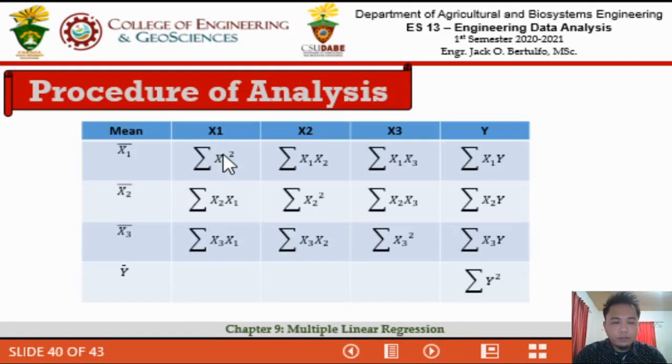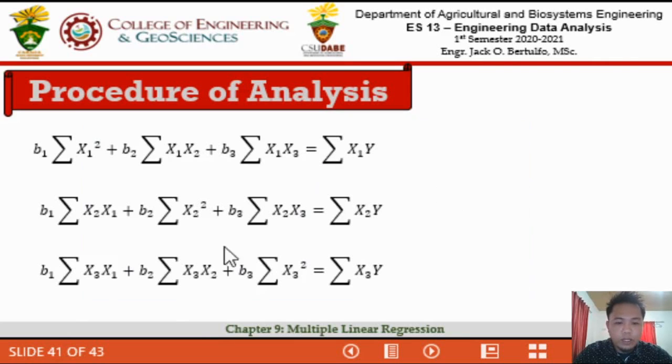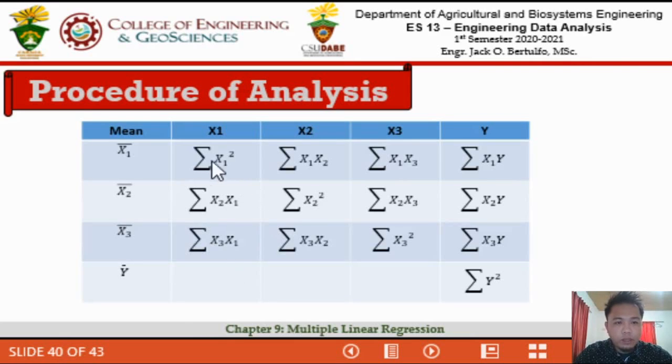So those are the values that you need to solve. After you solve them, let's say I have calculated everything, then proceed to calculate beta. To calculate beta, use this equation again.